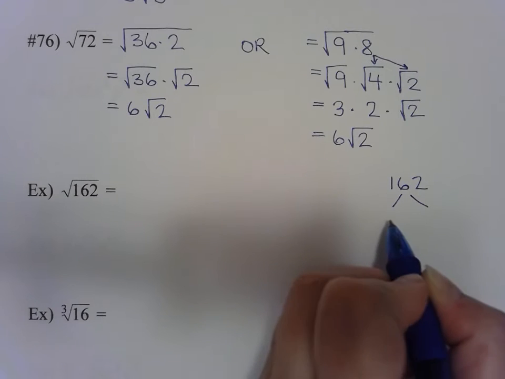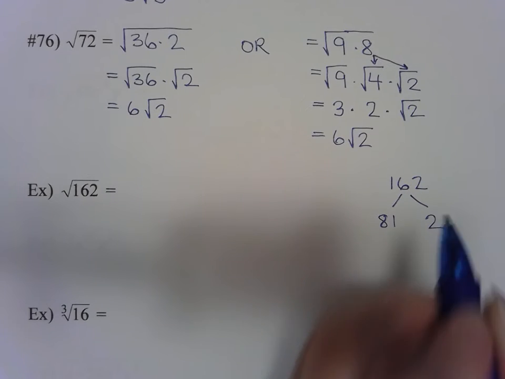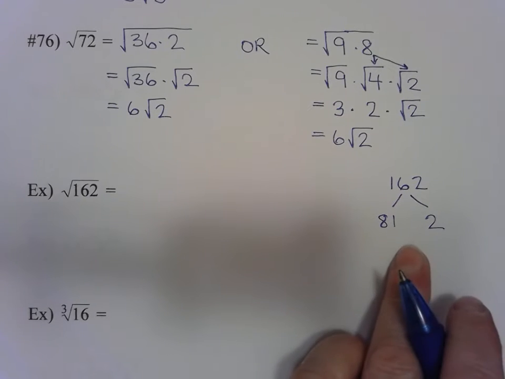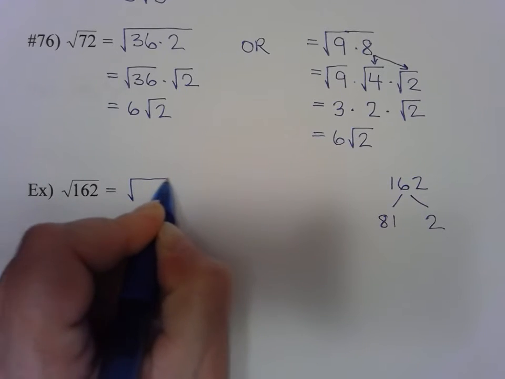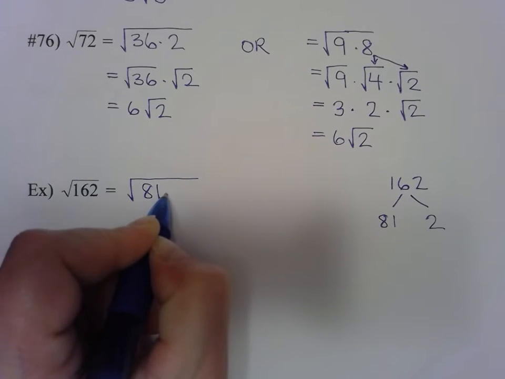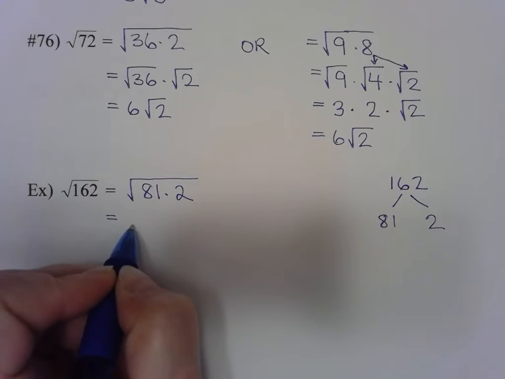It's definitely divisible by 2. So if I divide it by 2, I get 81. And actually, 81 is a perfect square, right? I know the square root of 81 is 9.